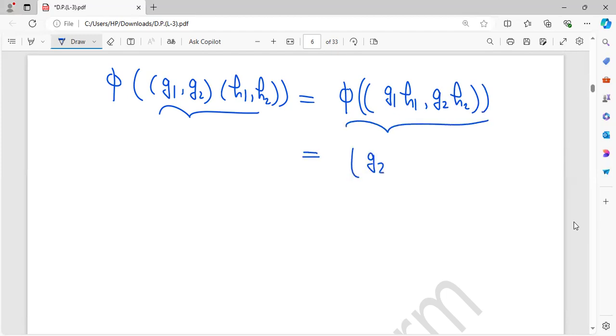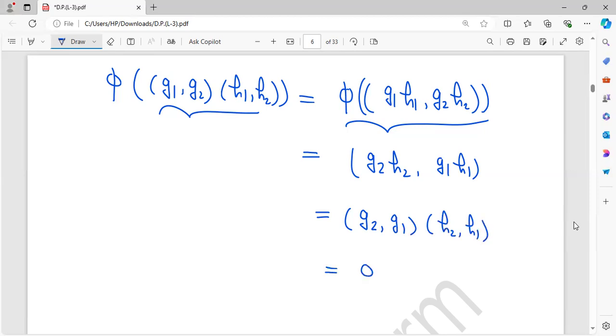It will flip the elements, changing the coordinates by interchanging them. So we can write it (g2 h2, g1 h1), which is phi(g1, g2) phi(h1, h2).